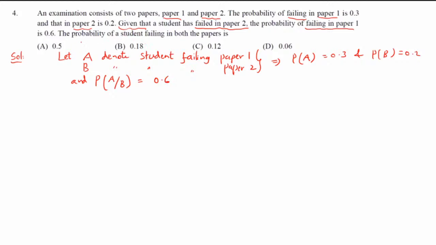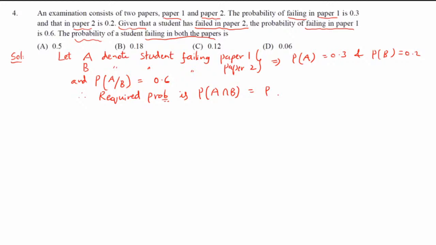Now the question: probability of a student failing in both the papers. Both means A and B, that is A intersection B. So therefore, the required probability is P of A intersection B. So here, which one happened? Student failed in paper 2.